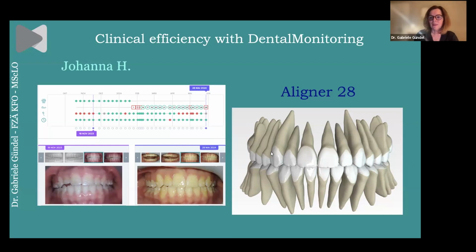And here I have my approval, and I can compare what I planned in my approval. Is this really developing, and is the progress good in the mouth of the patient? And if there is a discrepancy, maybe I have to initiate a mid-course correction or something like that.